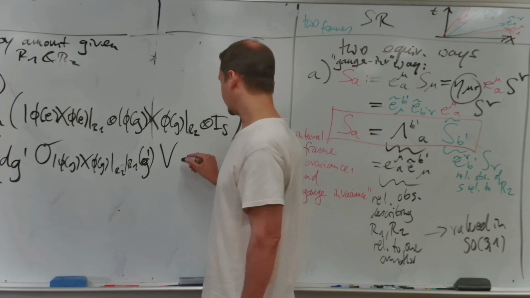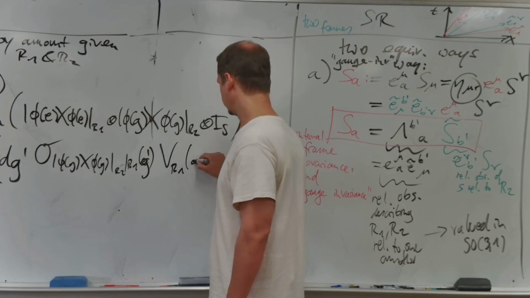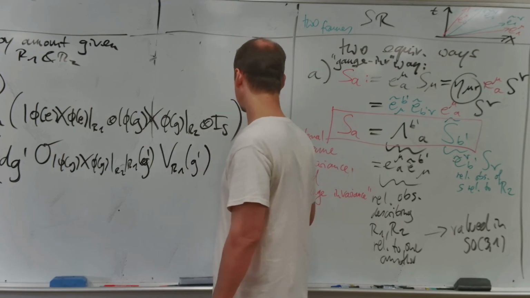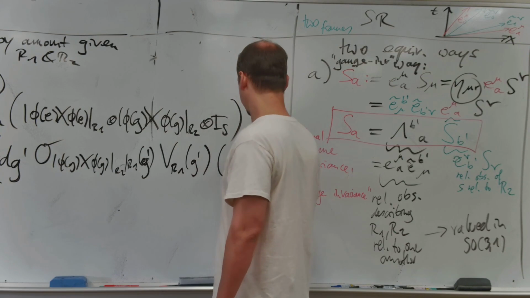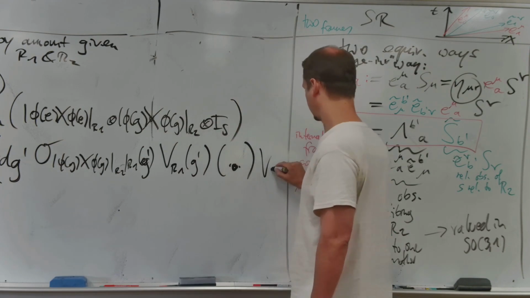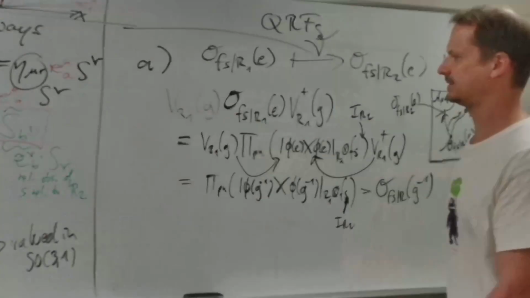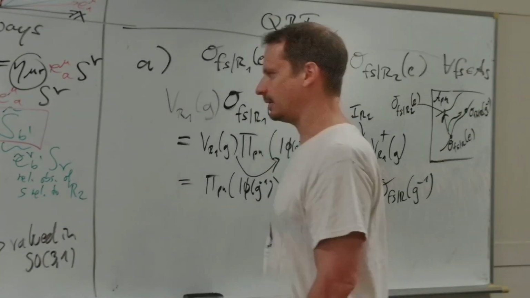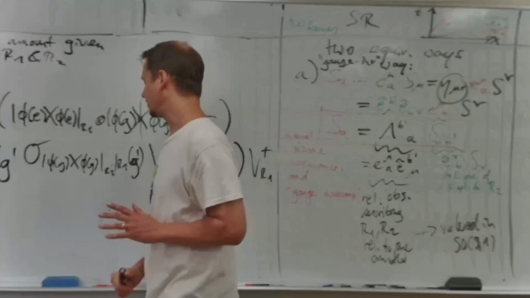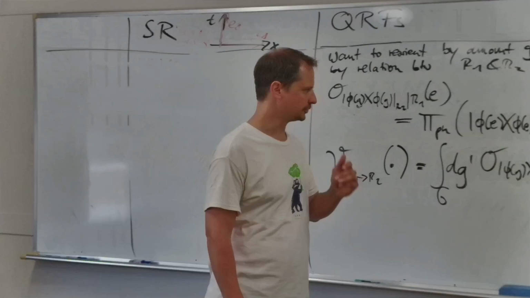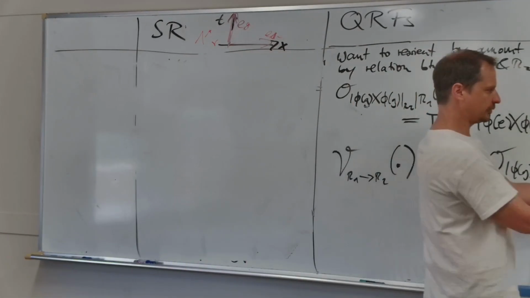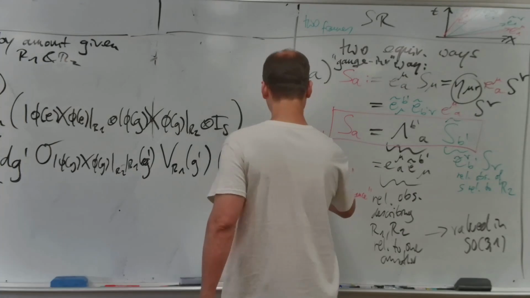And then I'm going to do an R1 G prime. Then I put my observable in here. And then I have the R1 vector. So I think that's correct. Let me double check that in my notes, but I think that's correct.